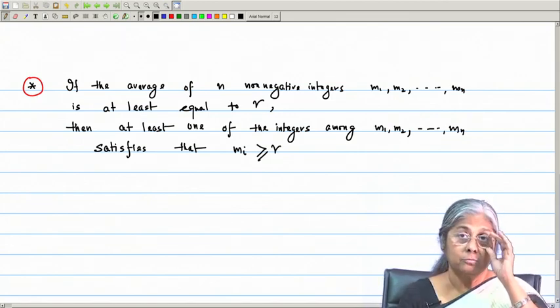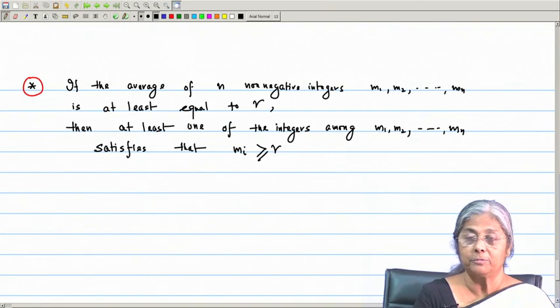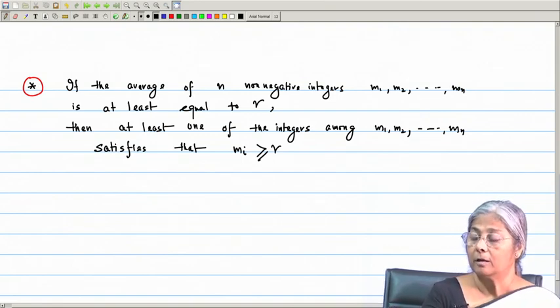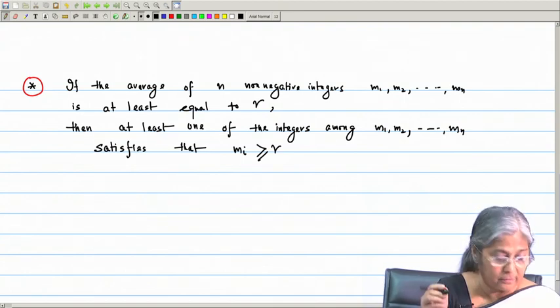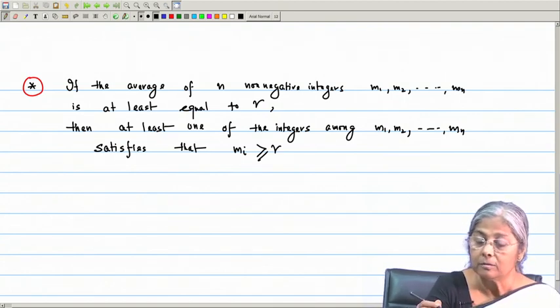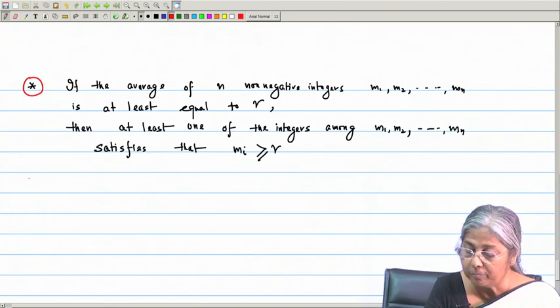So, if the objects are written as integers, we can easily write that. Now, we see one application of the strong form.